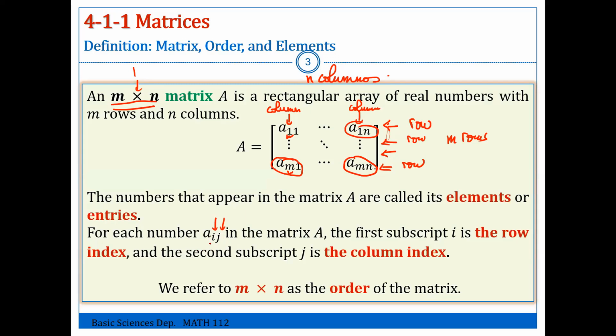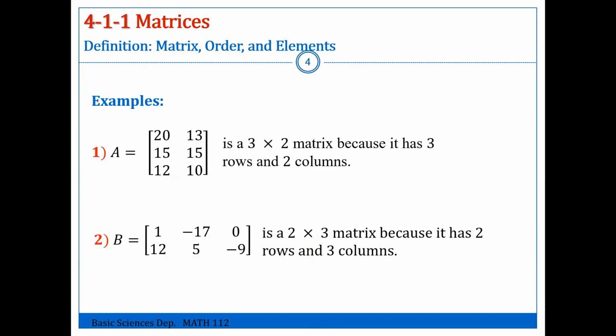I indicates the row index and J the column index. M by N, or M times N, is called the order of the matrix. It's easy. Let's see an example.